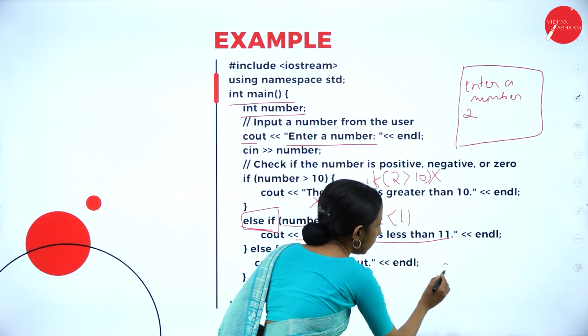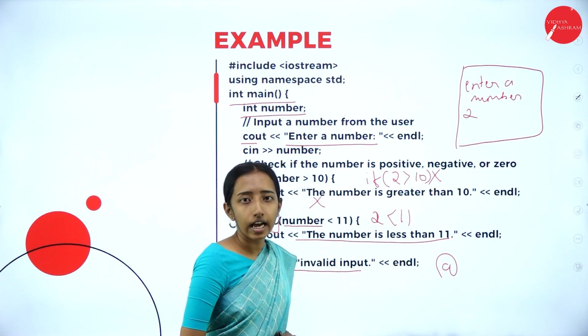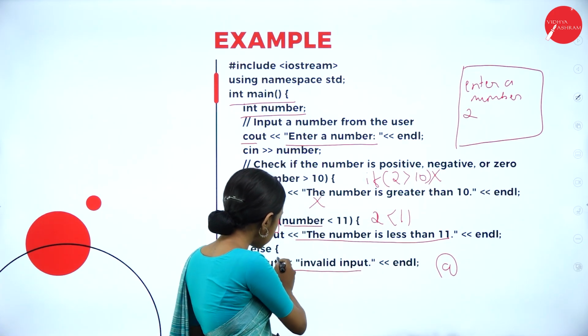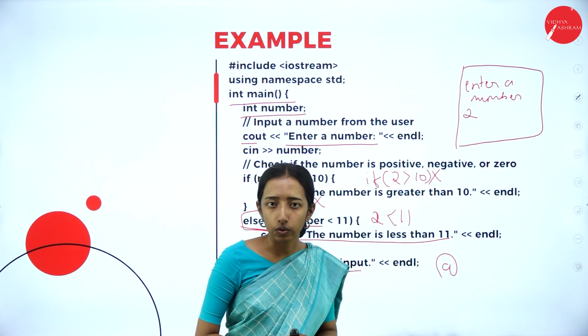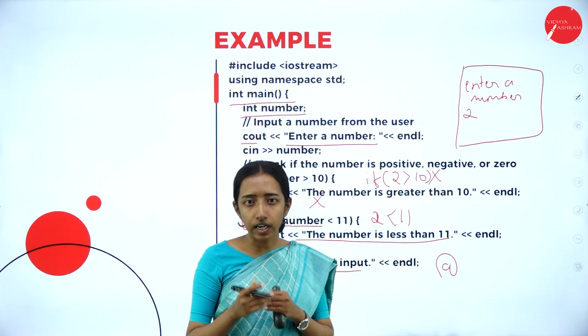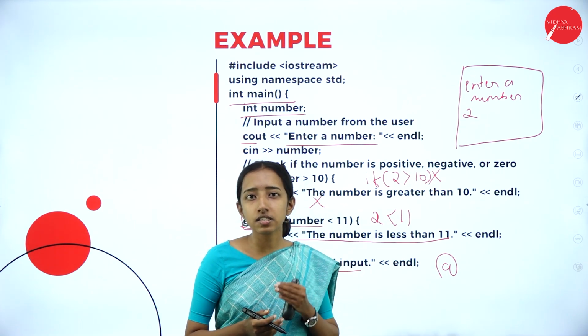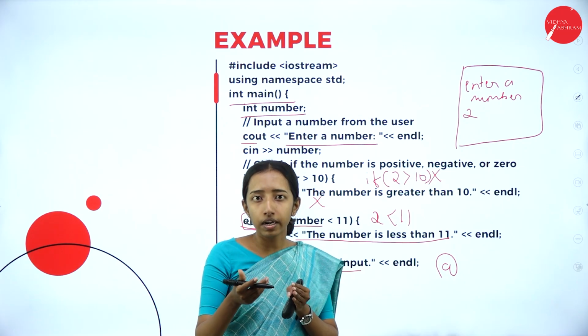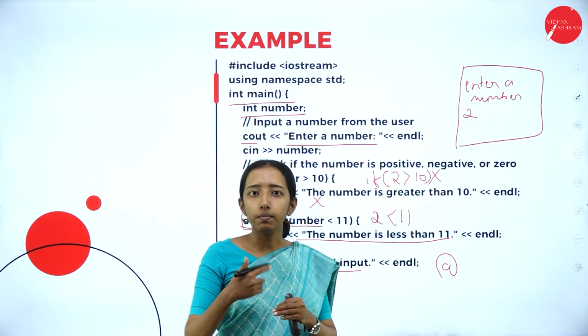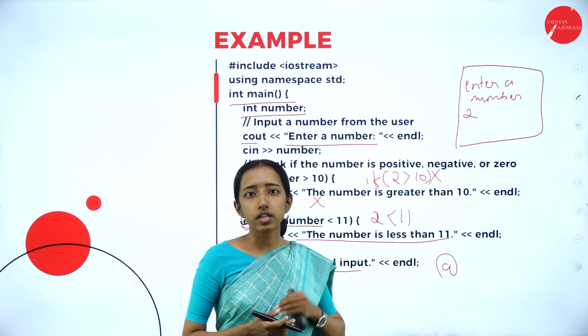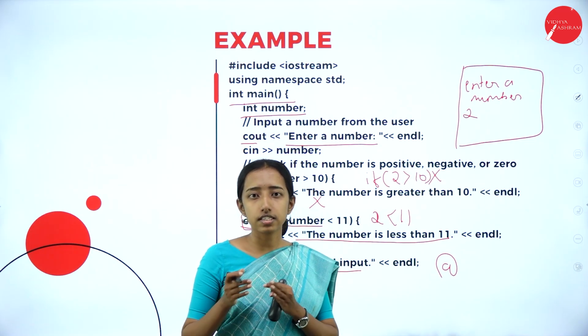If I give a symbol like the @ symbol, then at the last the else part will execute. So there will be a series of conditions, and the input will get matched, and the statement matching the condition will be executed. So this was about the if else if statements.